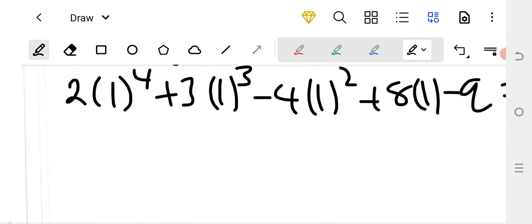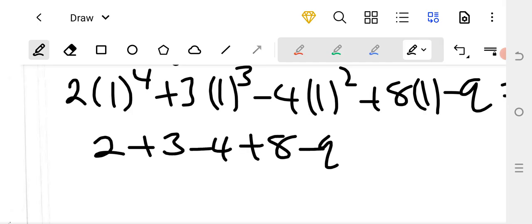You're going to have 2 plus 3 minus 4 plus 8 minus q is equal to negative 1.